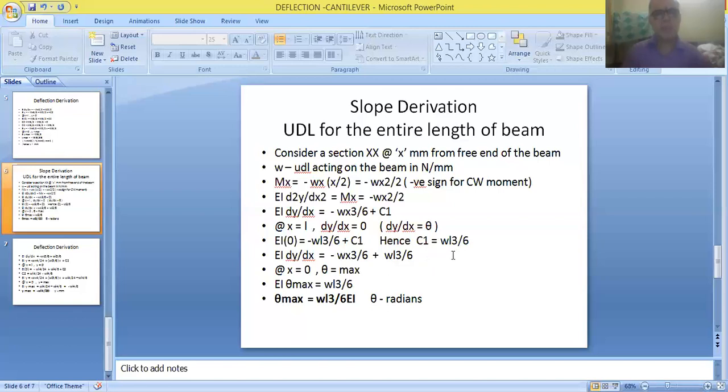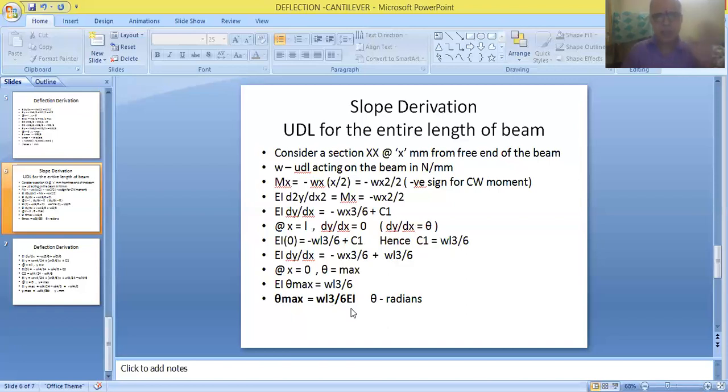Substitute the value of C1 again in this equation, and you get the final equation for the slope. In this equation, take the value of x as 0, and we get the maximum value of the slope. So EI theta max is written as WL cube by 6. Therefore, theta max is obtained as WL cube by 6 EI.